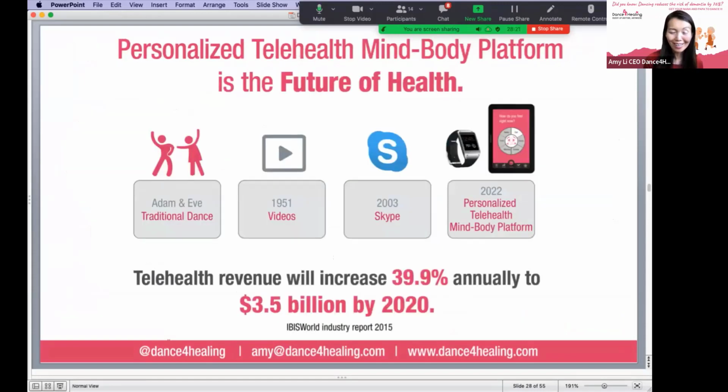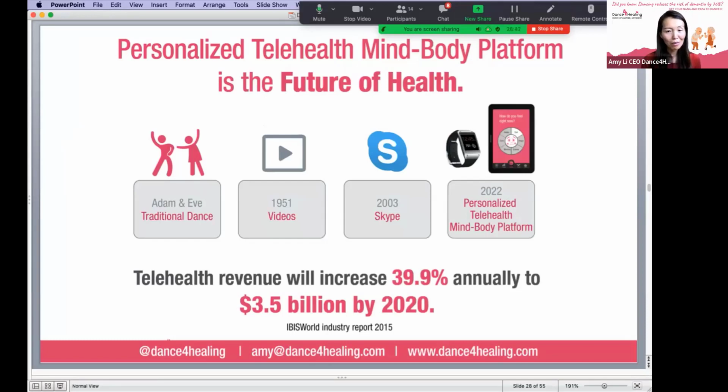More importantly, we are following the trend of our modern society. Consider Adam and Eve, who started dancing way, way back. I don't know how many grandparents back we should say. It's so deep in our roots.